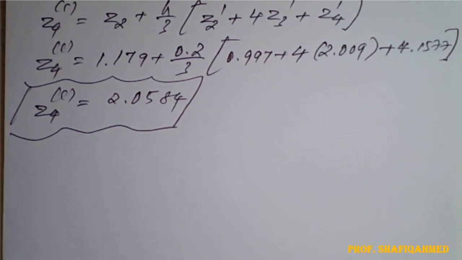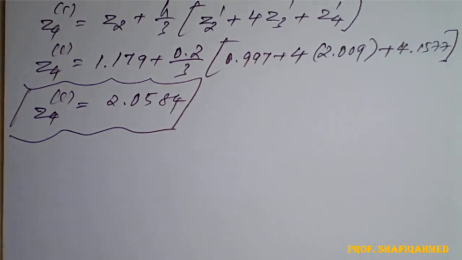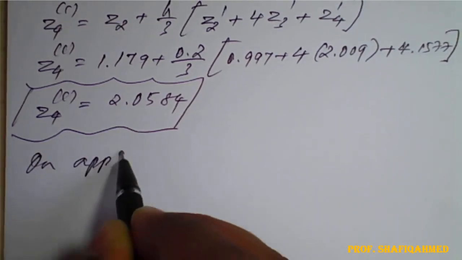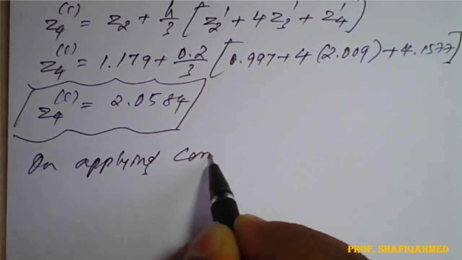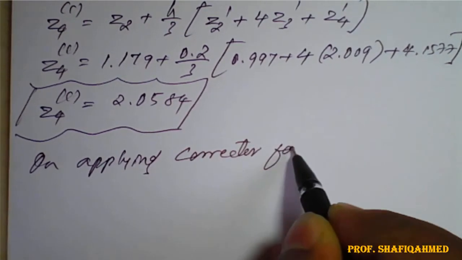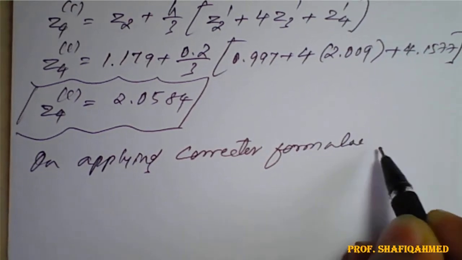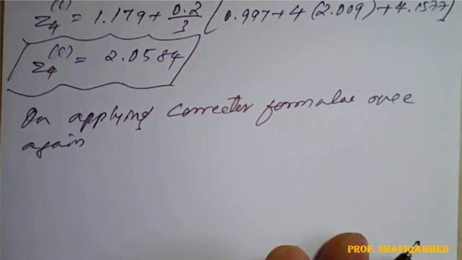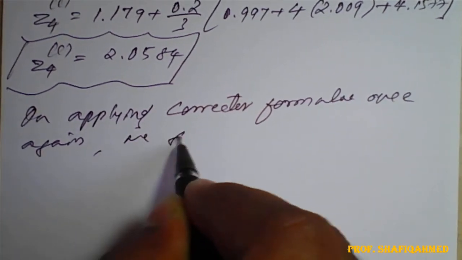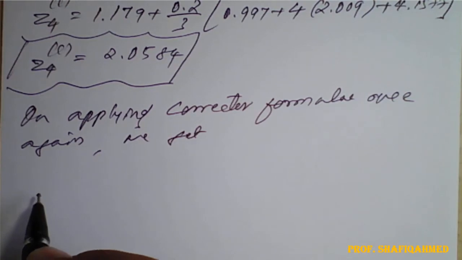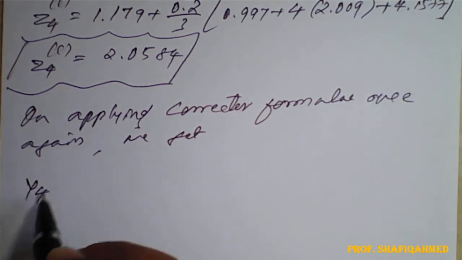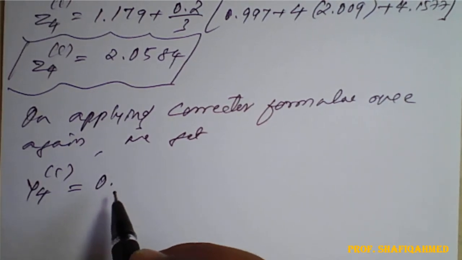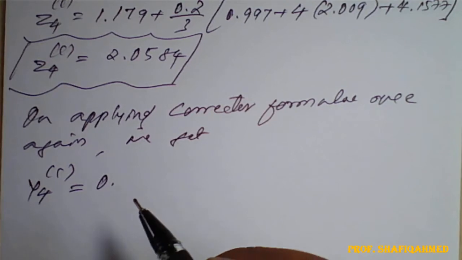As per the direction in the question, we need to apply the corrector once again, that is twice we need to apply, one time we have applied. So on applying the corrector formula once again, y4 of c, if you apply the same formula, I will just replace the fresh value of z4.